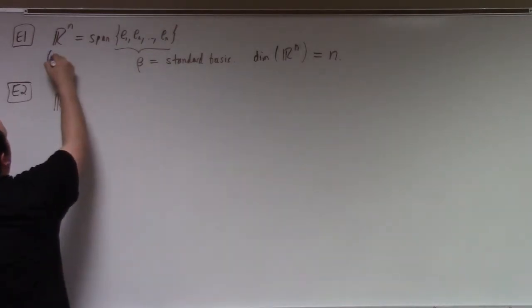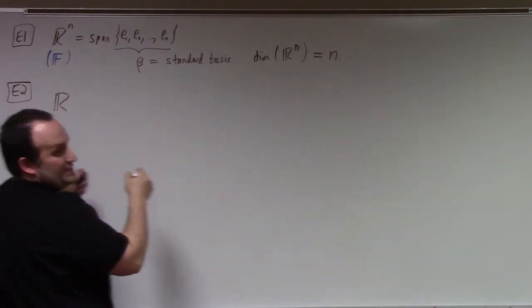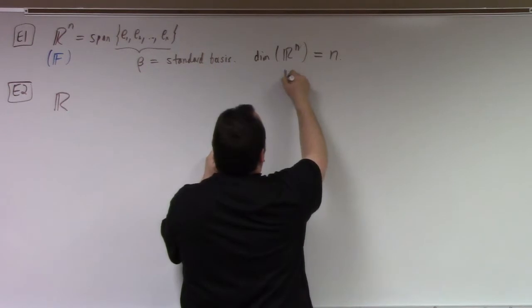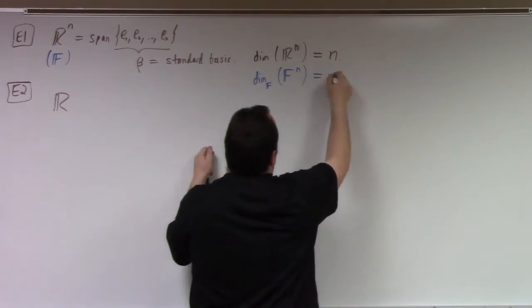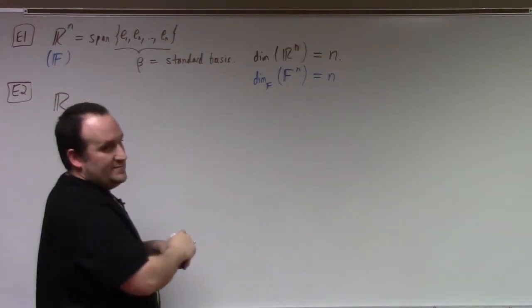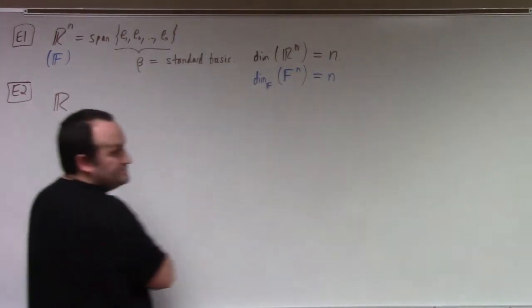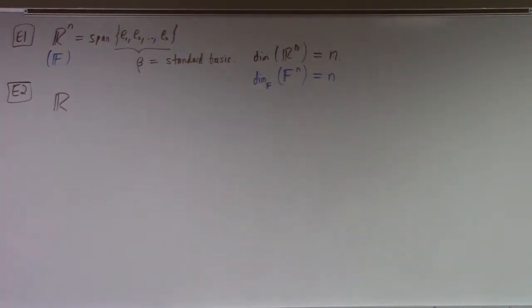By the way, I could replace this with a field F, and I could replace this with Fn. And I like to put, sometimes, the F-dimension of that. I mean, technically I'm talking about real dimension here. When we have a point set, which you could either think of as a complex or a real vector space, you could talk about its complex dimension or its real dimension. They could be different. They're related, but they're different.